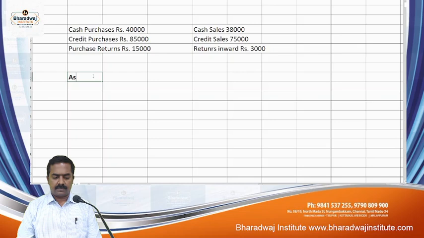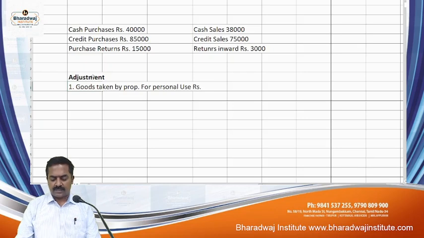The adjustments: goods taken by proprietor for personal use, 5,000.